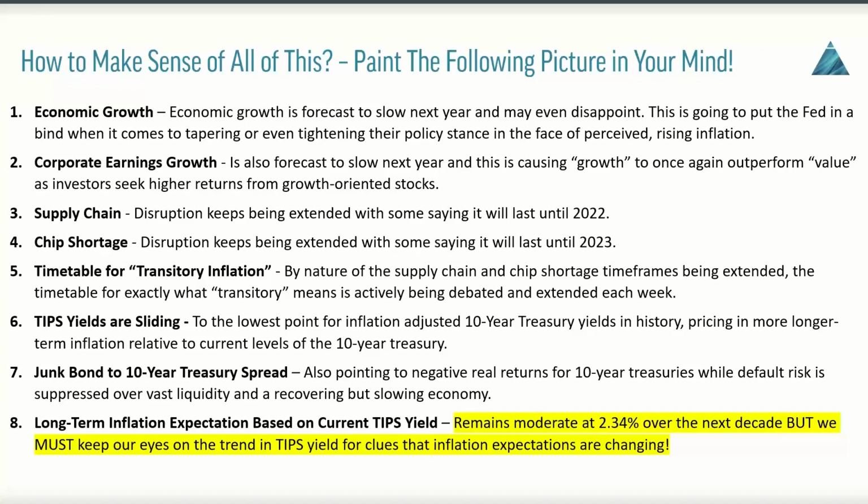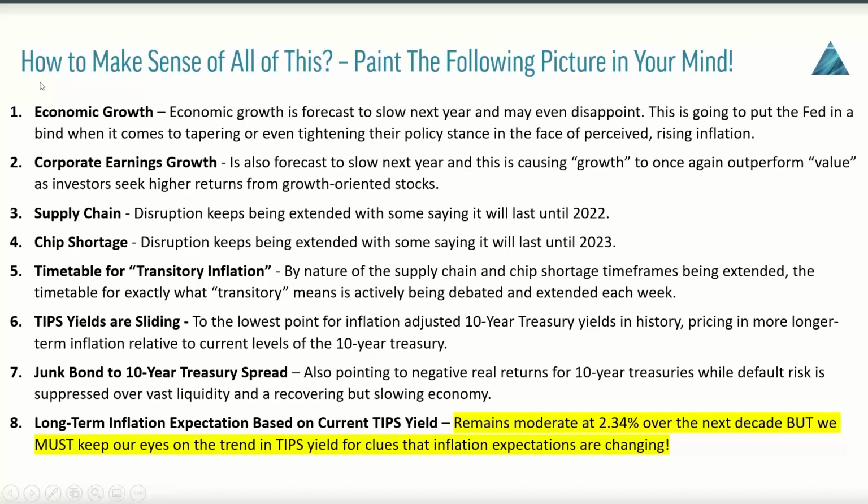I love to look at the 10-year TIPS because the 10-year time horizon is perfect for looking at long-term inflation rates. And we need to keep our eyes on this trend in TIPS yields for clues that inflation expectations are changing. And this is the perfect way to do it.